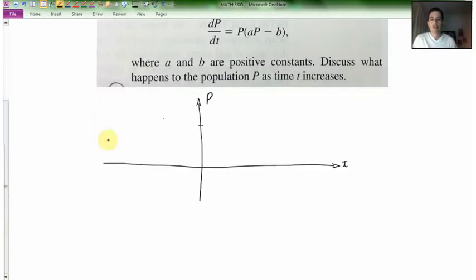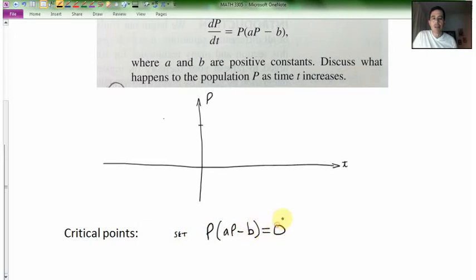So all we have to do is find first the critical points, or critical values. We can set the right-hand side equal to 0. So let's go ahead and do that. We set P(AP minus B) equal to 0 because we want to know when the derivative is 0, right?